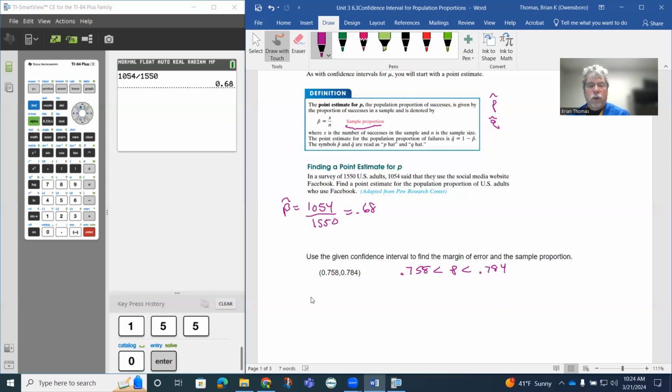So notice again, if we go back to our algebra instincts, if we draw this on a number line, the 0.758 is our left bound, and the 0.784 is our right bound. So the margin of error is how far we move from the middle. So we have this middle value here, which we'll call our p hat, if you will, our sample proportion.